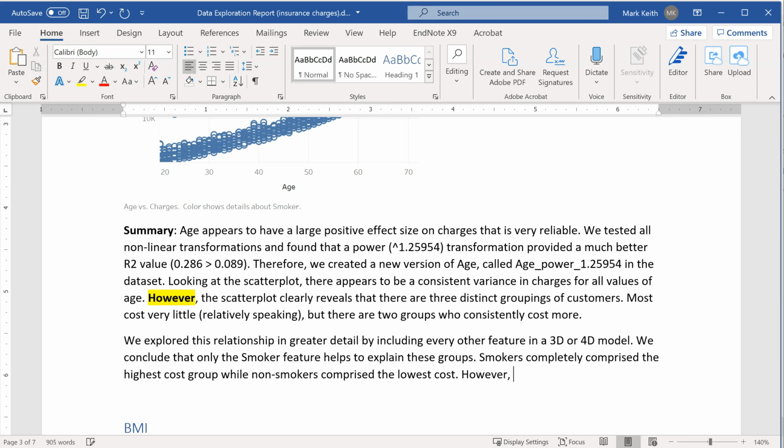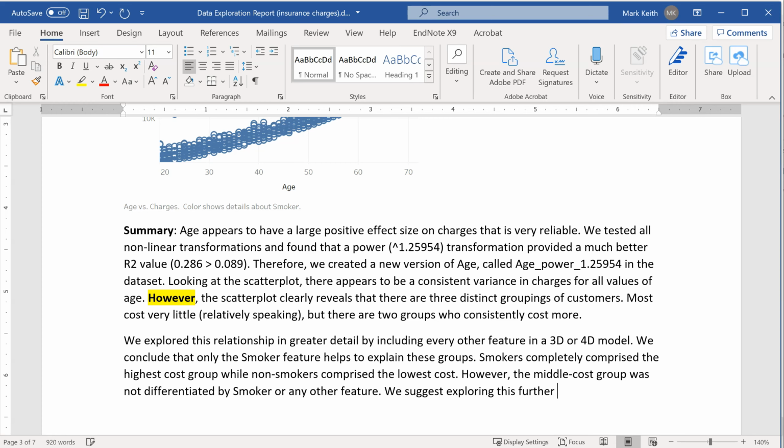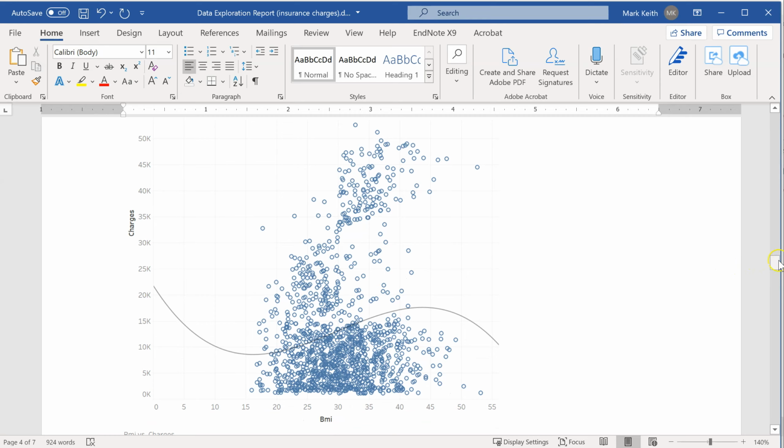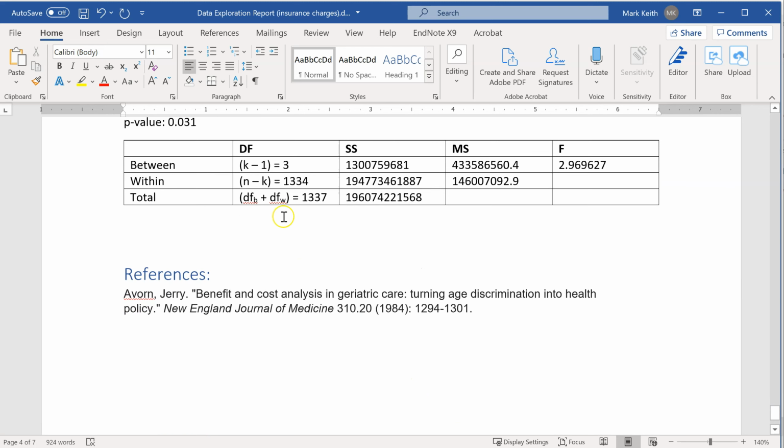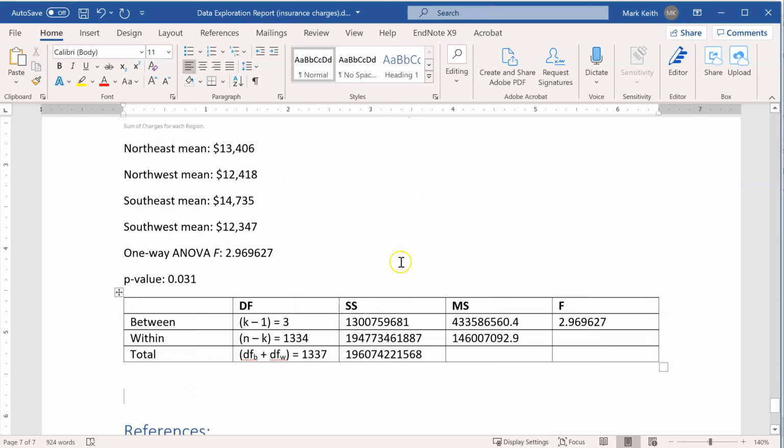However, the middle cost group was not differentiated by smoker or any other feature. We suggest exploring this further with new data. And this might be something that you would include maybe at the very end in implications or conclusions of the report, or key takeaways you could put here after the last detailed relationship and all that.